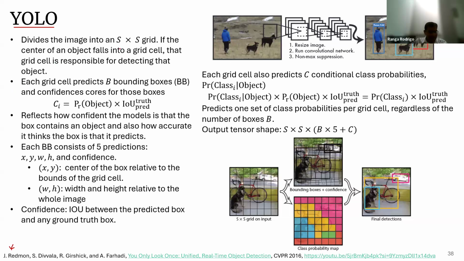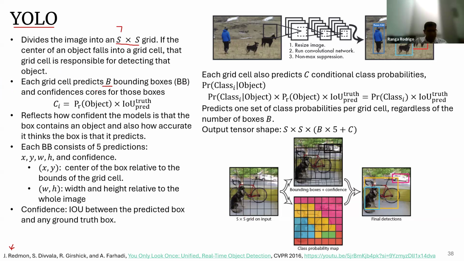So divide the image into S by S grids, usually S equals 7. If the center of an object falls into a grid cell, that grid cell is responsible for detecting that object. Each grid cell predicts B bounding boxes.